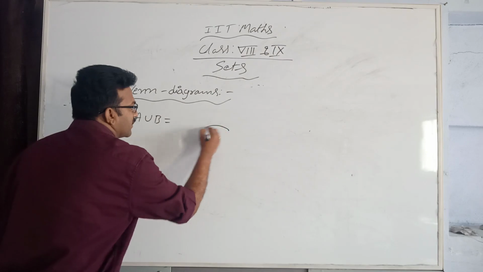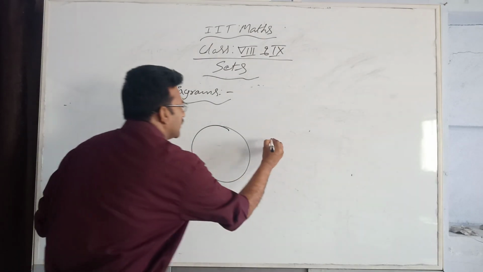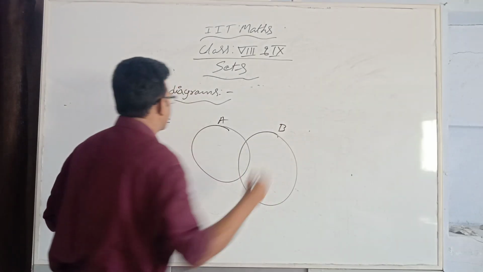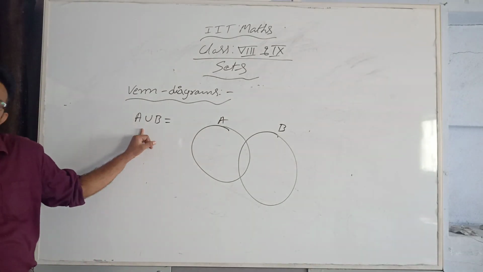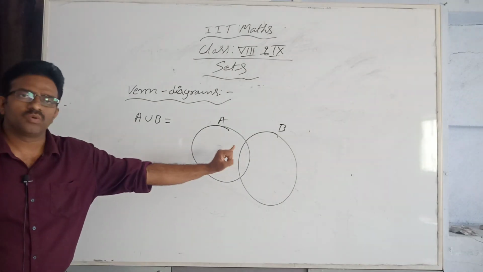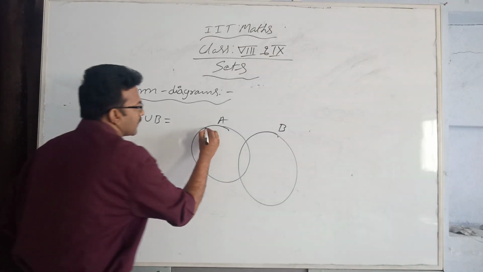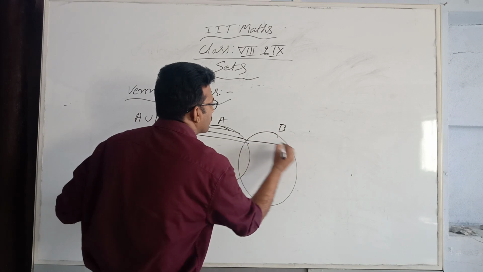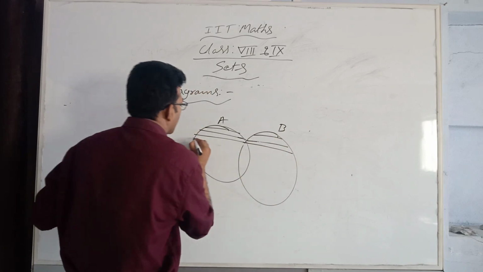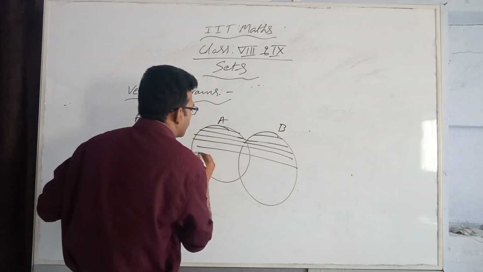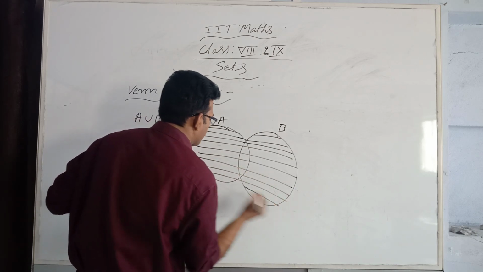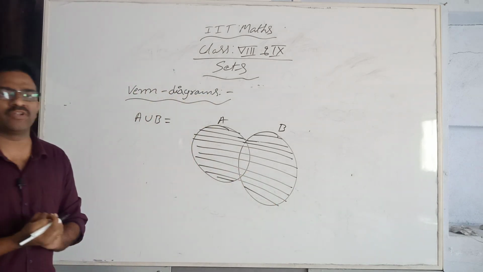So consider here A and B. It is A and it is B. A union B. We are going to shade two regions. So this is A union B.